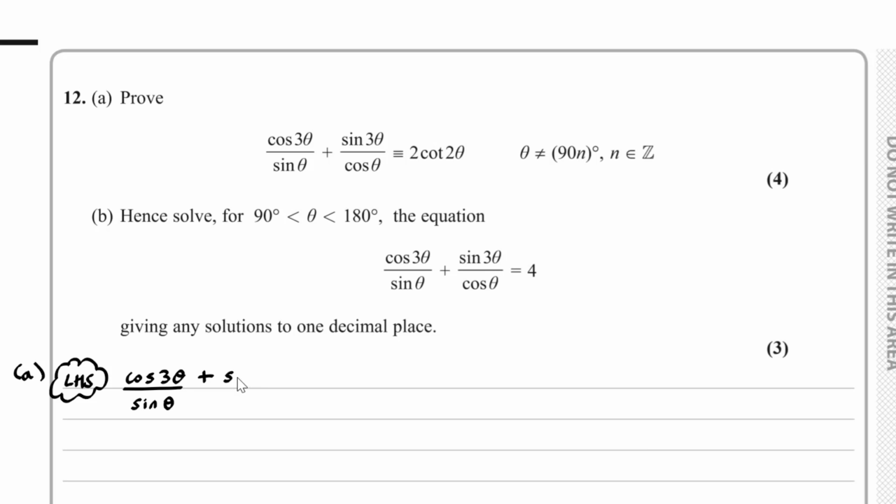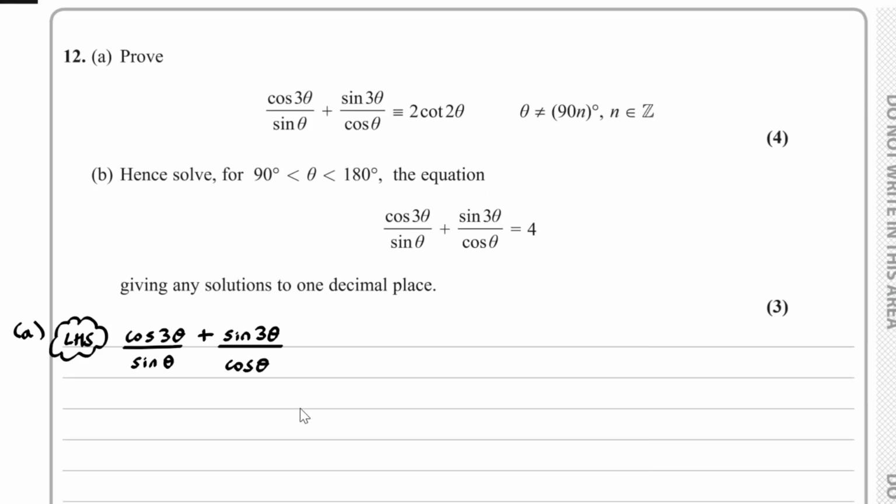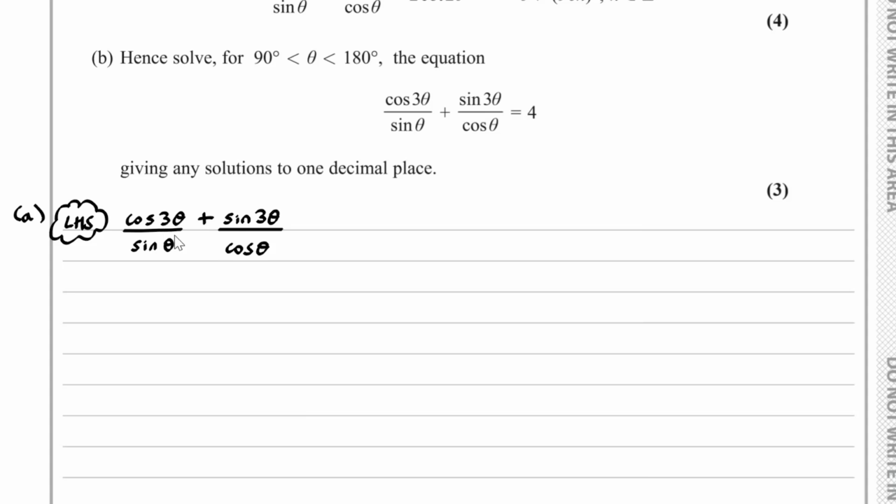plus sine of 3 theta over cos of theta. And we can combine these fractions, so we have cos of 3 theta lots of cos of theta plus sine of 3 theta lots of sine of theta, and on the bottom we end up with sine theta cos theta.